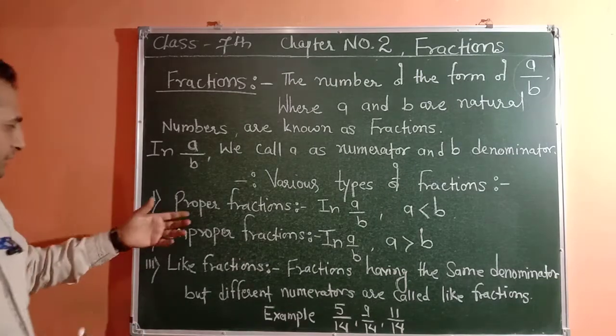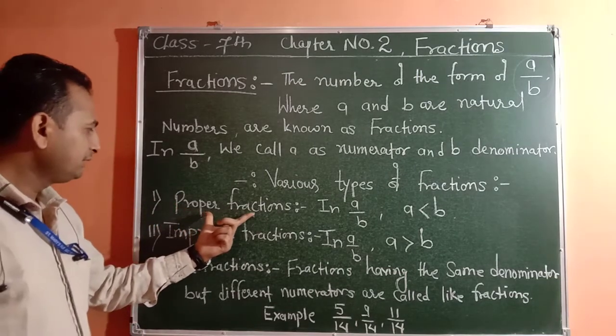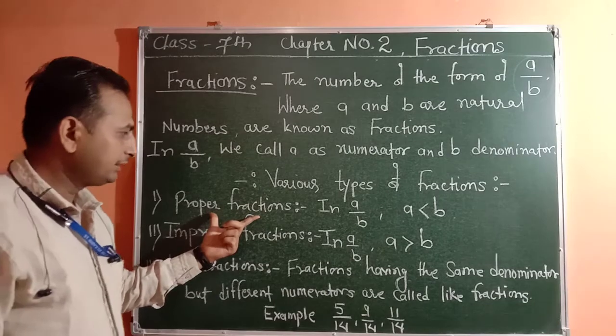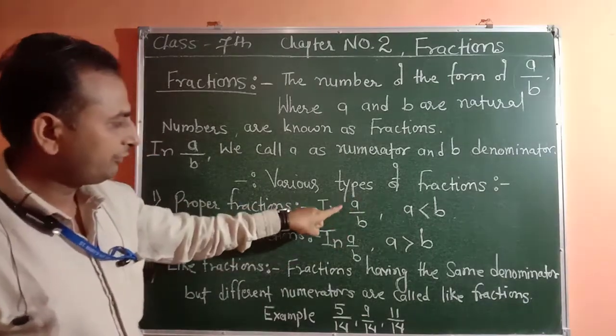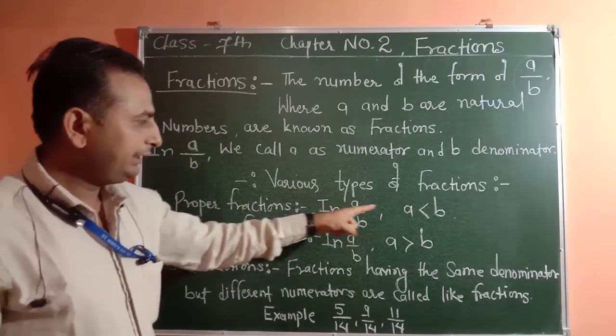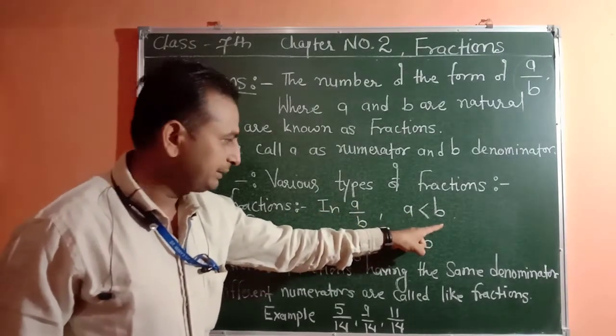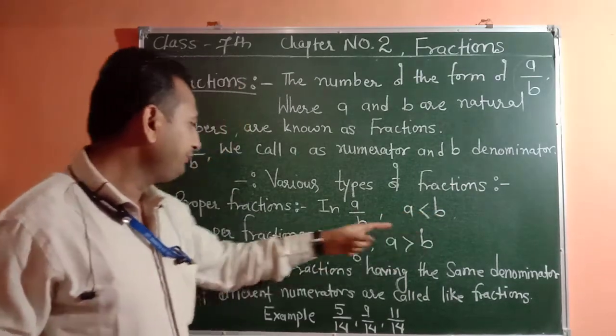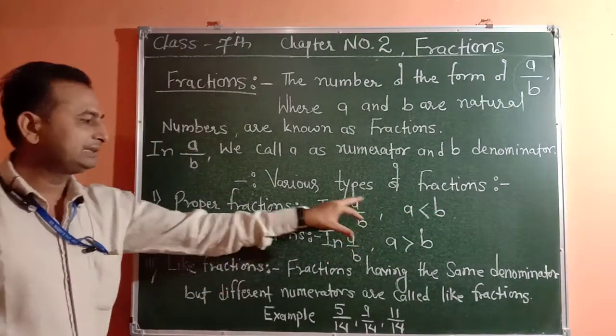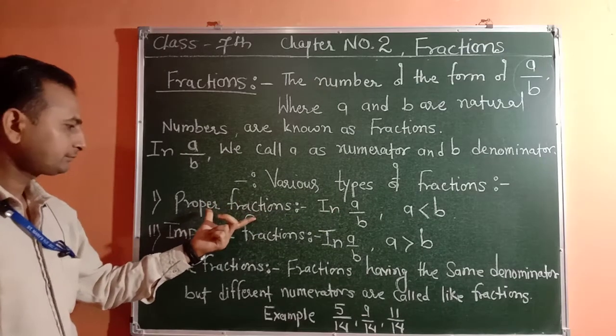The first type of fraction is the proper fraction. In a proper fraction, when any fraction is of the form a upon b, a is less than b, which means the numerator is less than the denominator, then we call this type of fraction a proper fraction.